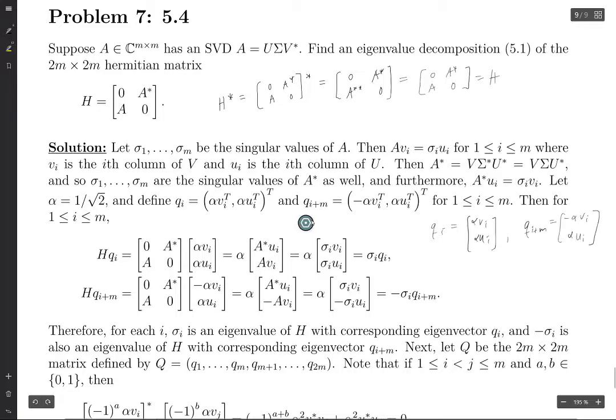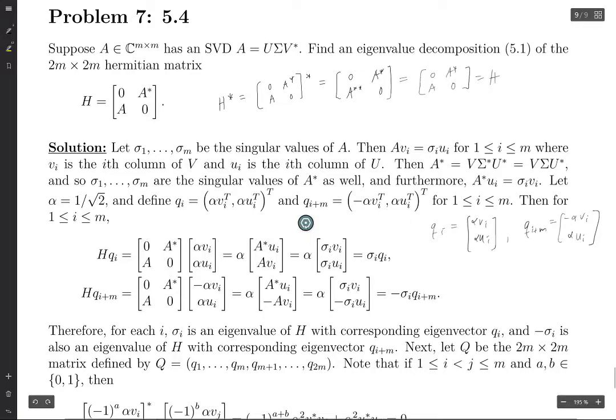So the vectors Q will look like, you'll have alpha V1, alpha U1, then alpha V2, alpha U2, all the way up to alpha Vm, alpha Um. And then the next vector will be Q m plus 1, which is negative alpha V1, alpha U1, and then negative alpha V2, alpha U2, all the way up to negative alpha Vm, alpha Um.